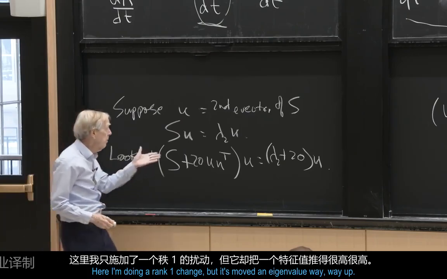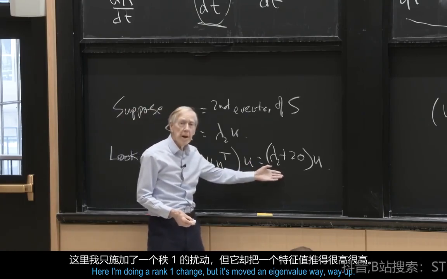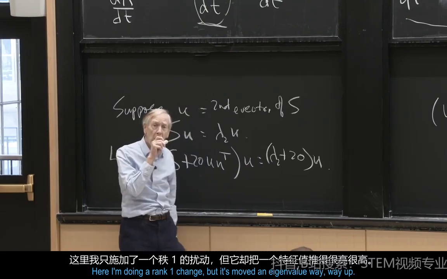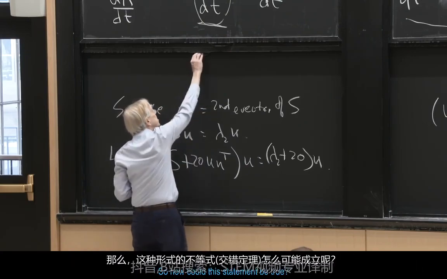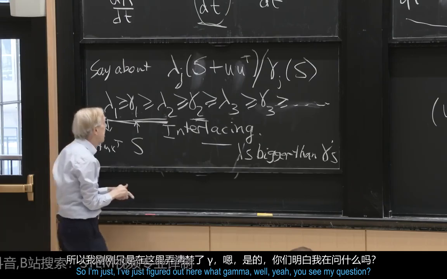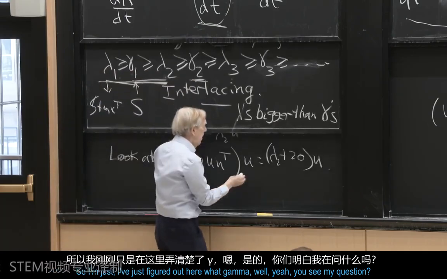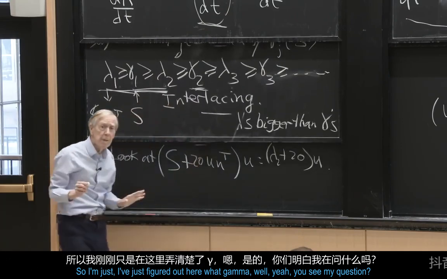Here I'm doing a rank 1 change, but it's moved an eigenvalue way, way up. So how could this statement be true? You see my question?